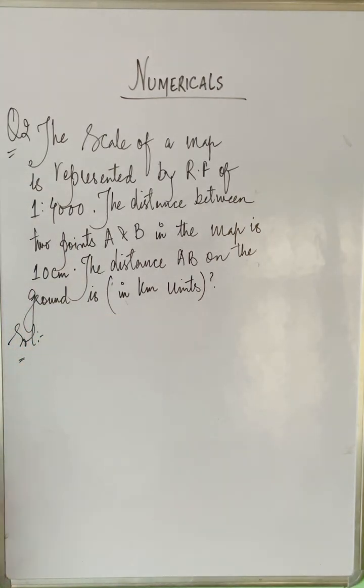So the question is, the scale of a map is represented by a representative fraction of 1:4,000. The distance between 2 points A and B in the map is 10 centimeters. The distance AB on the ground is, and we have to report the answer in kilometers.